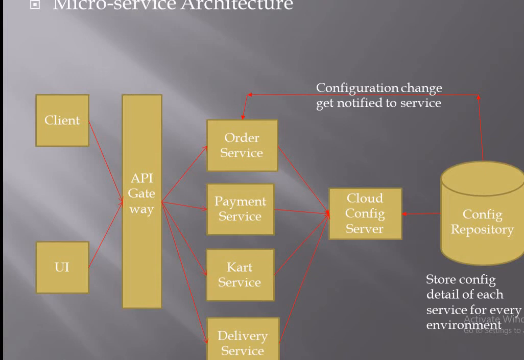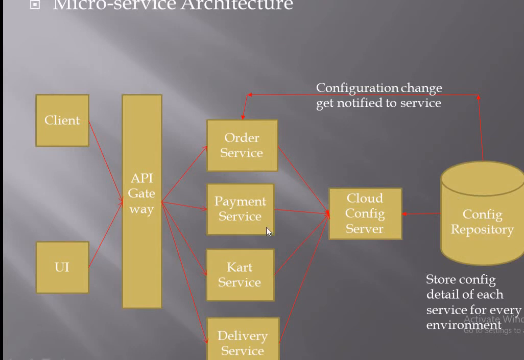You need to give only one dependency, cloud config server, and you don't need to put anything else. This cloud config server is connected to a config repository. It might be GitHub, it might be SVN, or the cloud config server may be attached to a file. Configuration will be either in the config repository or on a hard disk.